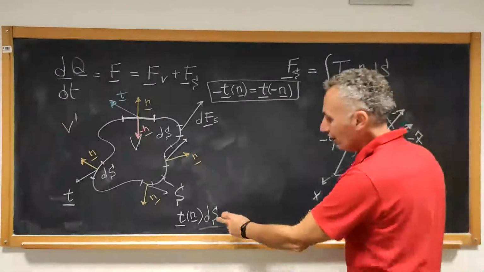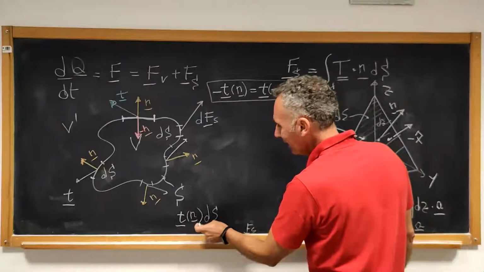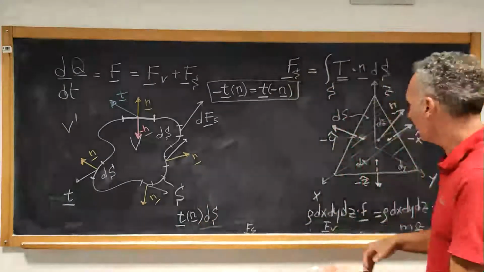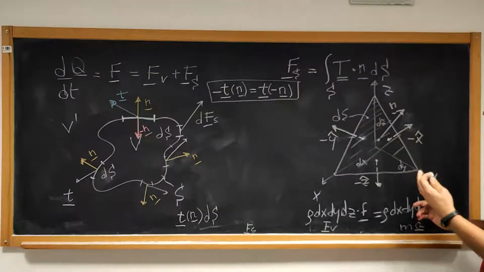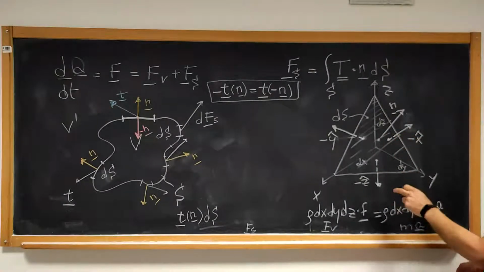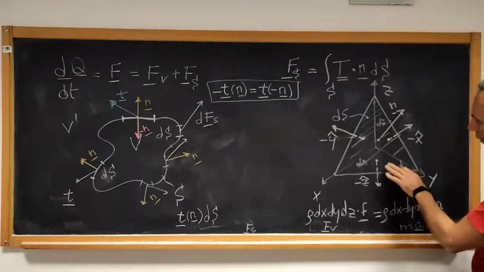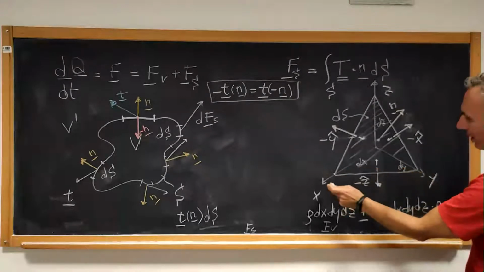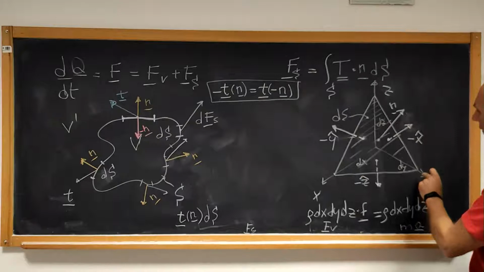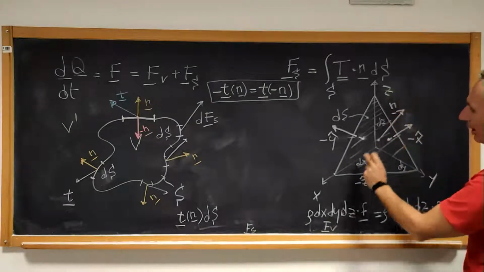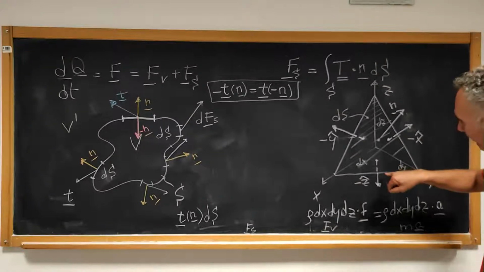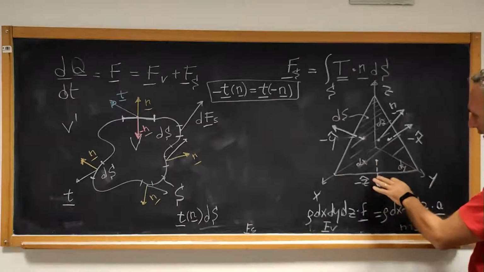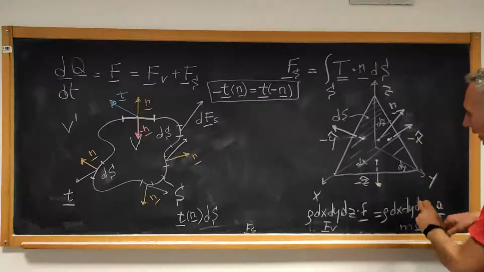So I have written before that T ds is dF. Of course, this is just one of the 4 surface contributions, because then we have one contribution on the surface element on the xy plane, one on the yz plane, and one on the xz plane. So what would be the contribution for the xy plane?